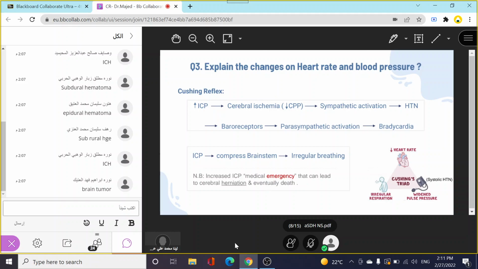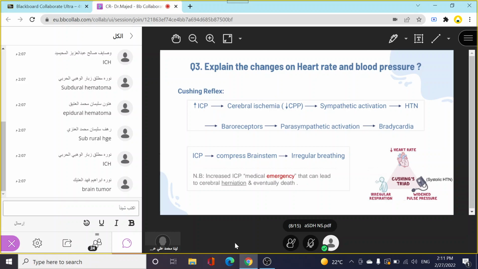So when the intracranial pressure rises higher than the mean arterial blood pressure, the intracranial hypertension will compress the blood vessels, leading to cerebral ischemia, or in other words, it will decrease the cerebral perfusion pressure. So that will lead to activation of the sympathetic nervous system, which will lead to hypertension via vasoconstriction, via the action on the alpha 1 receptor.